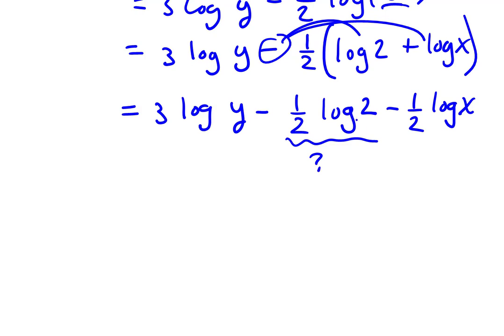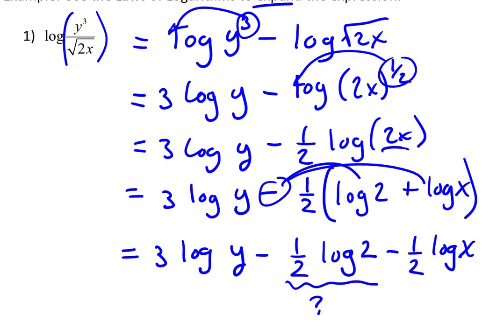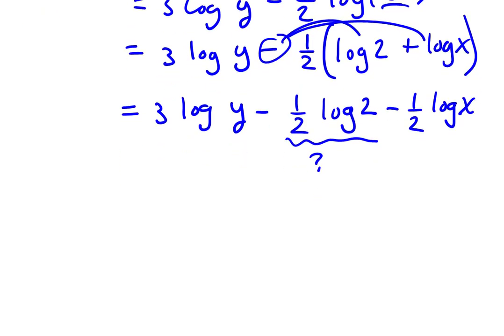Remember, this log, as we've seen from the start of this problem, was not given a base, which means it's really log base 10. So this is really 1/2 log base 10 of 2, but log base 10 of 2 is really not something that we can reduce easily. There's no power of 10 that would equal 2.